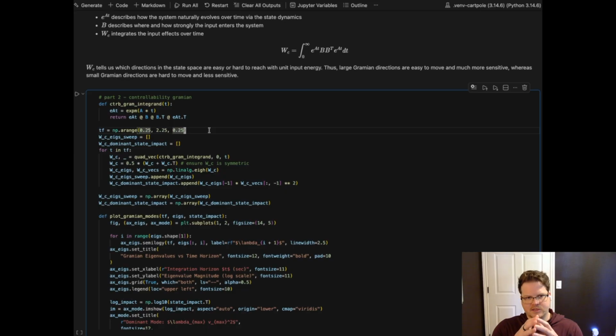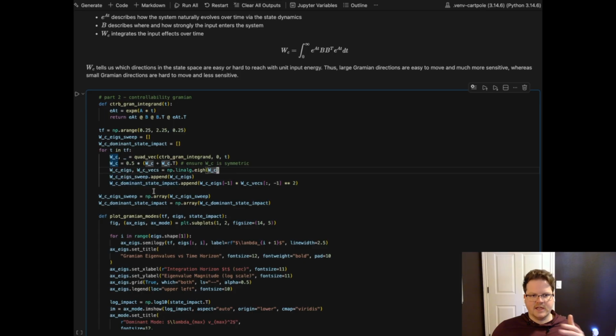This is basically stepping through the different time horizons here, so 0.25, 0.5, etc., to 2.25 for integration time, so we get to see how much energy gets pumped into the system over time at individual scales. So I'm going to plot that, and then this eigenvalue sweep is essentially where I'm getting the eigenvalues of the controllability gradient at these integrated time steps.